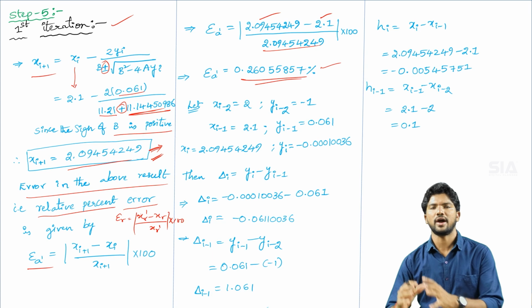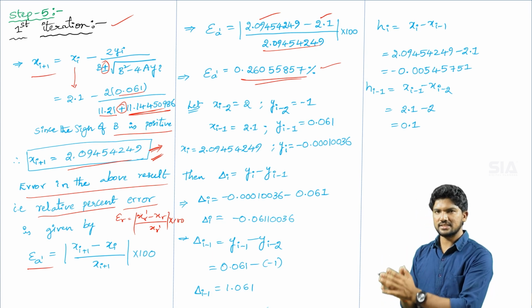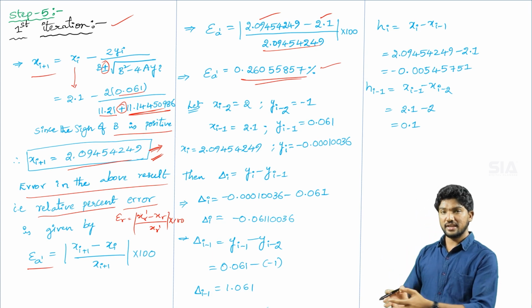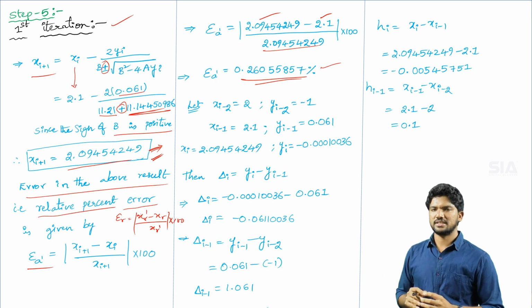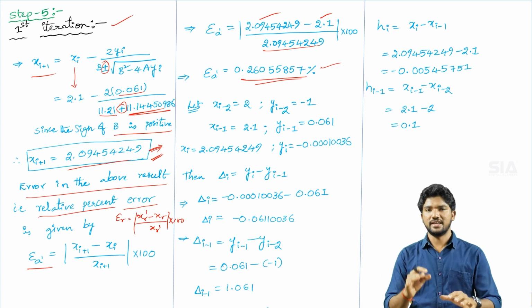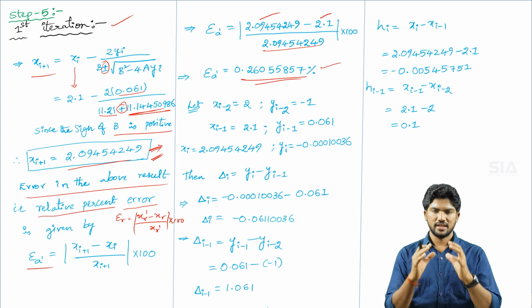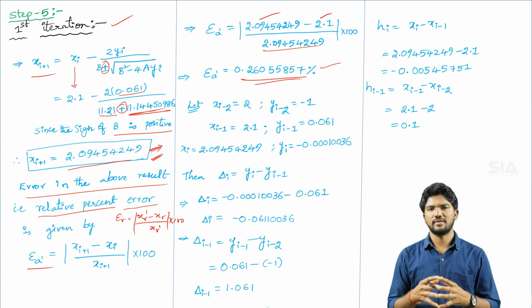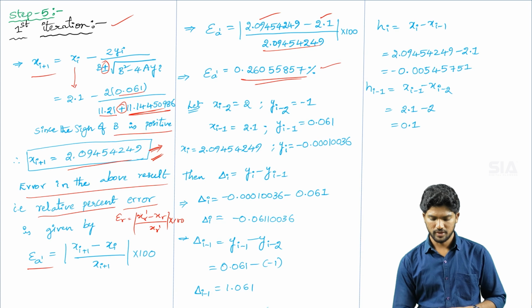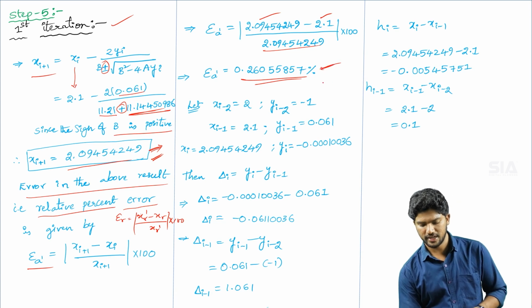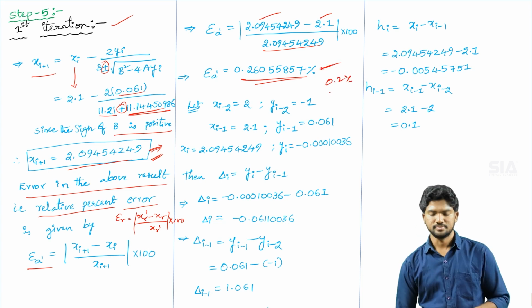Here we have 0.2, in the next step 0.1, in the next iteration 0. To get the error down to 0%, that means there is no error, then the given x suffix I plus 1 value is the required root of the given equation. Here the error is 0.2%.